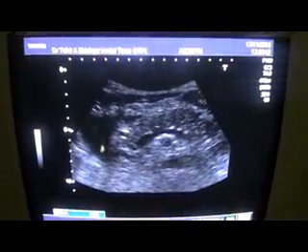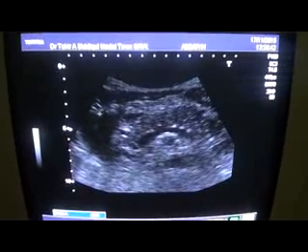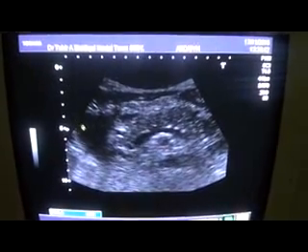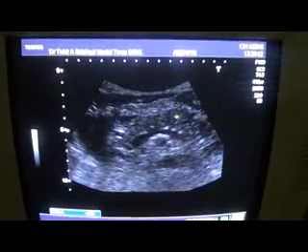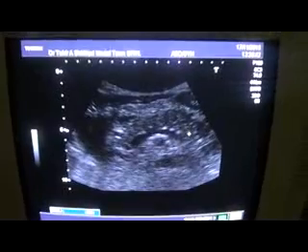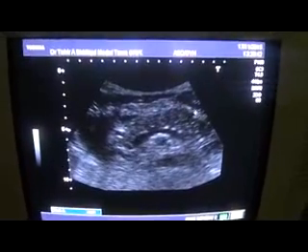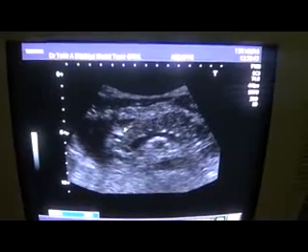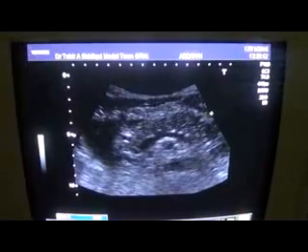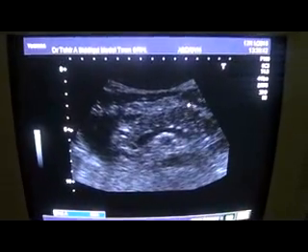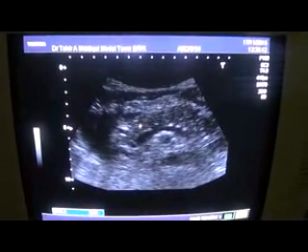This is fluid in the lesser sac as well as in the Morrison's pouch. This is the pancreas, and you can see the peripancreatic area shows irregularity. The contour of the pancreas is normal, but the outer surface is a bit irregular.